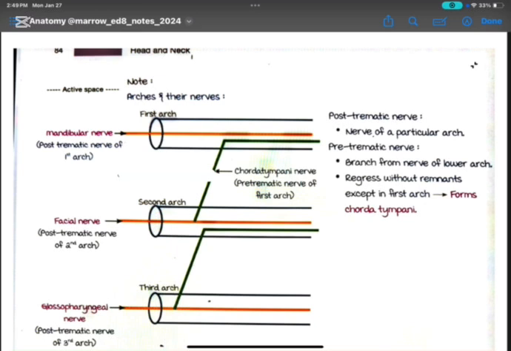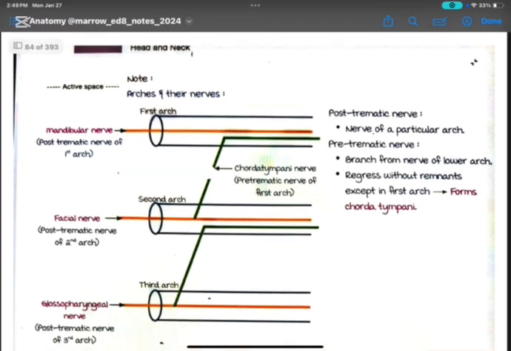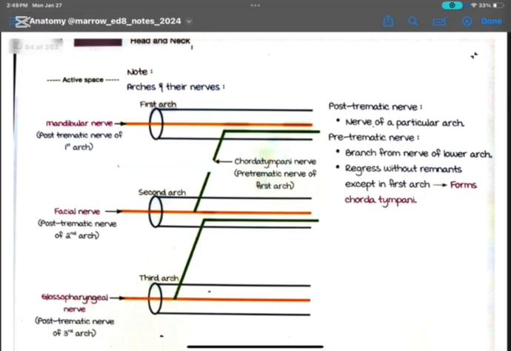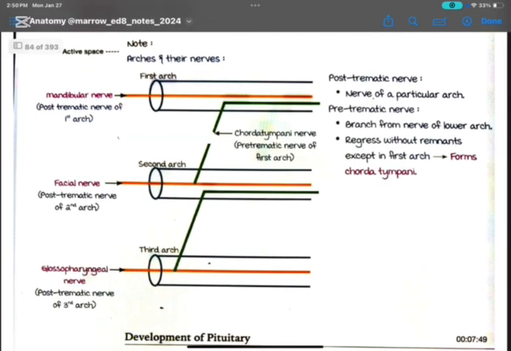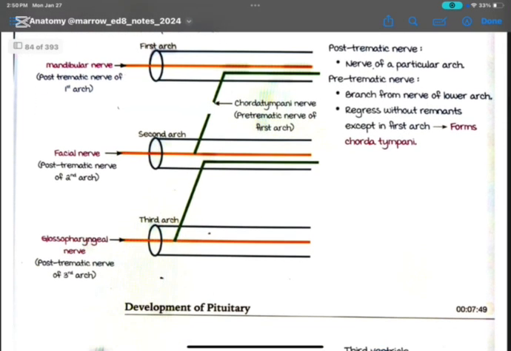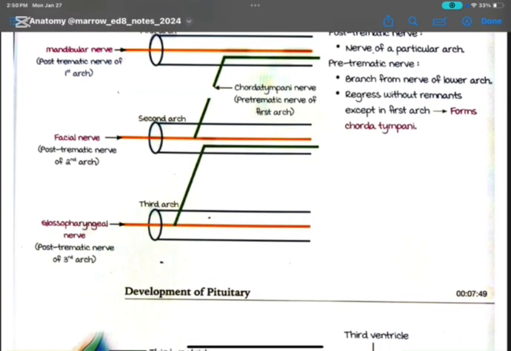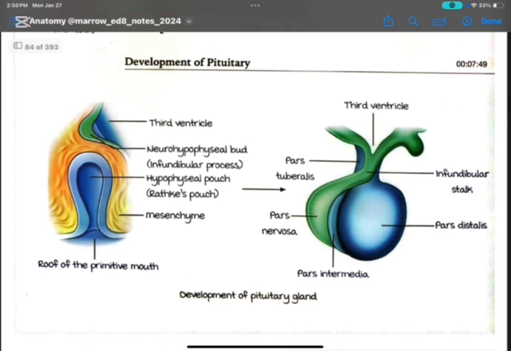Chorda tympani nerve, pre-trematic nerve of first arch. Second arch, facial nerve, post-trematic nerve of second arch. Third arch, glossopharyngeal nerve, post-trematic nerve of third arch.